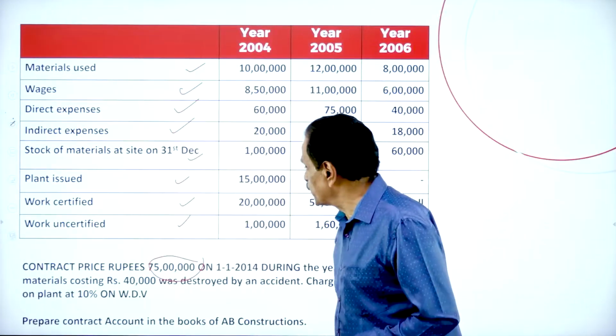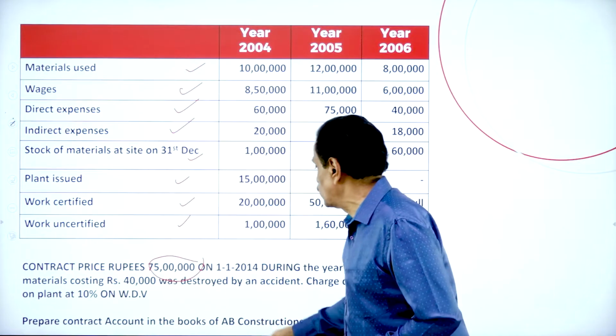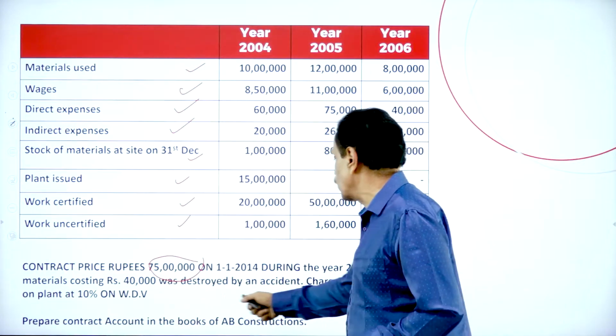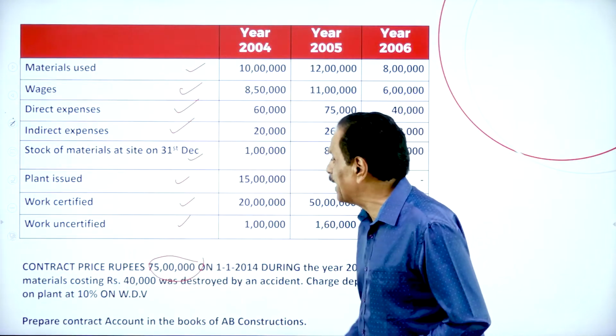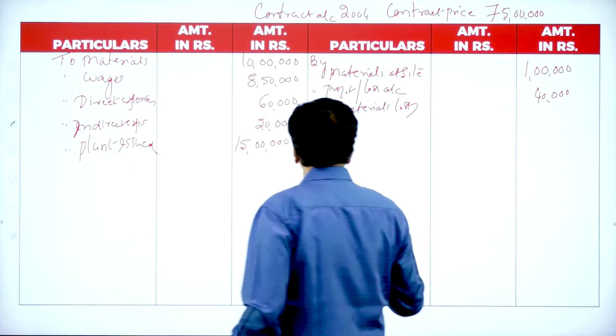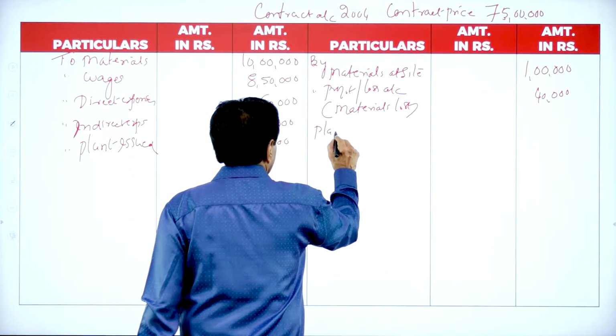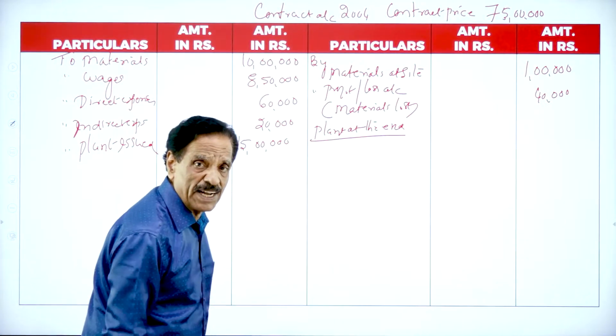What is next one? Here, during the year, charge depreciation 10% on the plant value. So here now during the year 2004, charge 10% on the plant value. What's the plant value? 15 lakh. Plant at the end. That is the plant at the end.